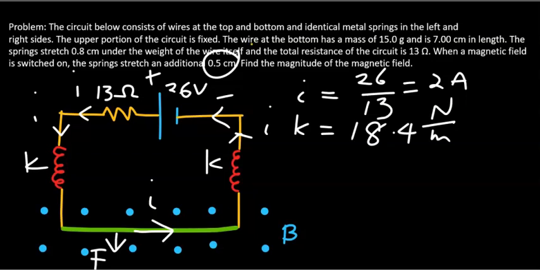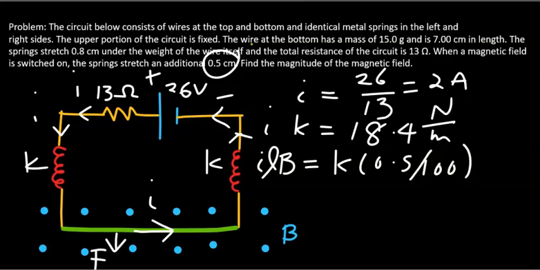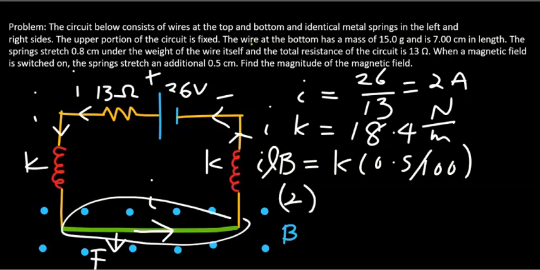So what we have is the magnetic force, which is given by I times the length of the bottom wire times the magnitude of the magnetic field, equals K times 0.5 over 100. So 0.5 cm converted into meter. So the right-hand side is the force due to Hooke's law. Substituting the numbers, current is 2 ampere. The length of that bottom wire is 7 cm, so 7 over 100 meters.